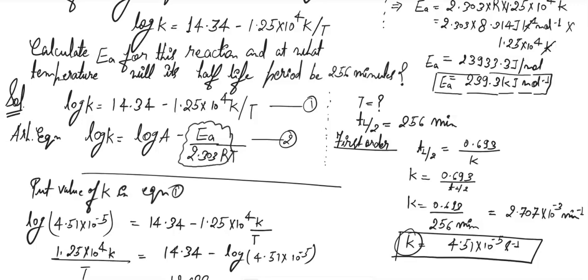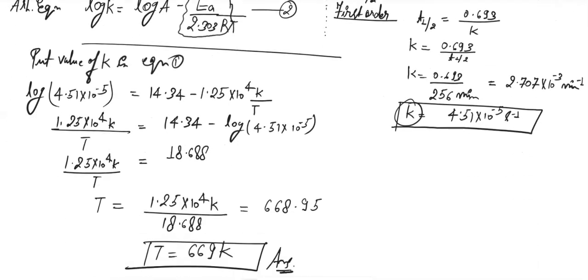Then we used the formula for T half and calculated the rate constant K. Once we got K, we put that value into the given first equation, and by solving it we got the temperature as 669 Kelvin. Thank you.